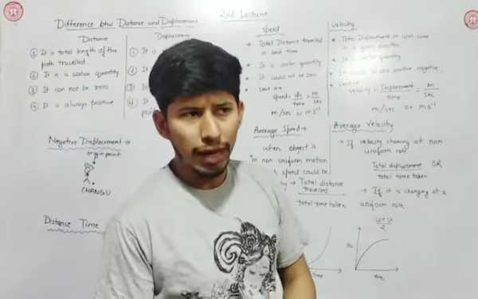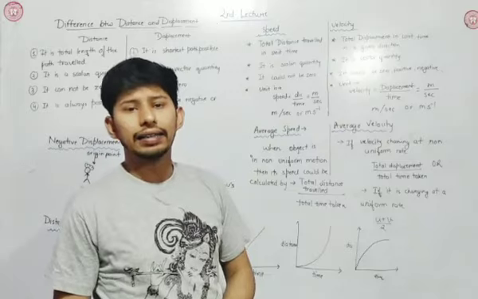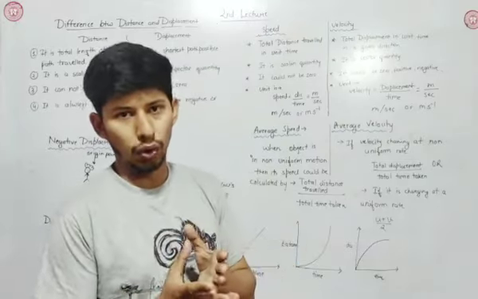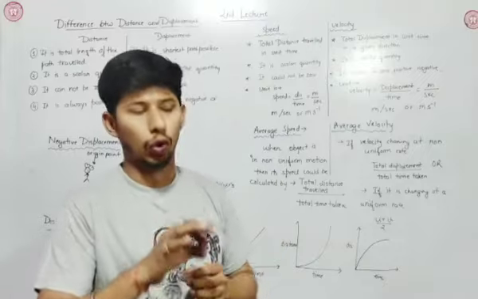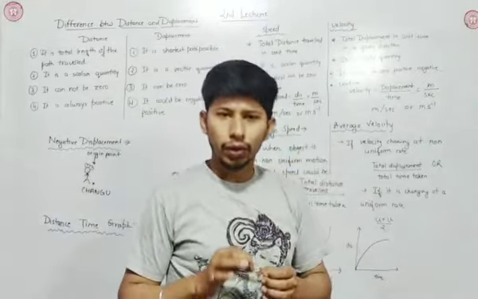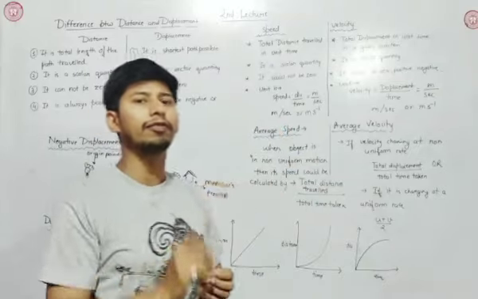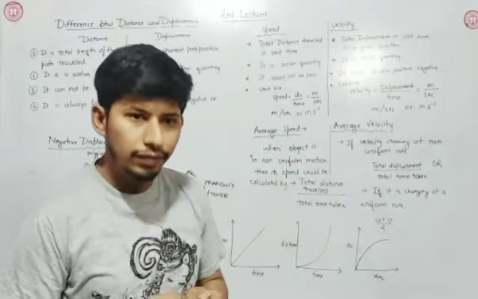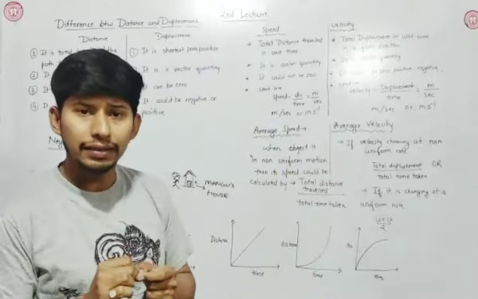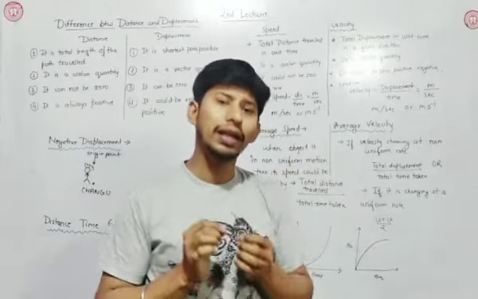As I told you in my last video, the length of the path which you cover: like you started from your home, you went to your school, then you come back to your home. Your school is 2 kilometers away from your home. So you traveled 4 kilometers of distance, the total length of the path.